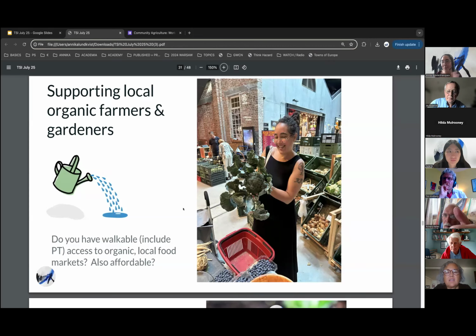They're organic and they're great, and the produce is amazing, but it's definitely higher priced. And I've also lived in communities where there was farmers markets with organic local produce that was affordable and was accessible for all incomes.